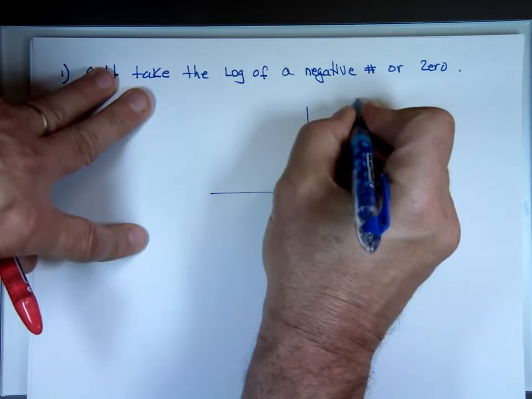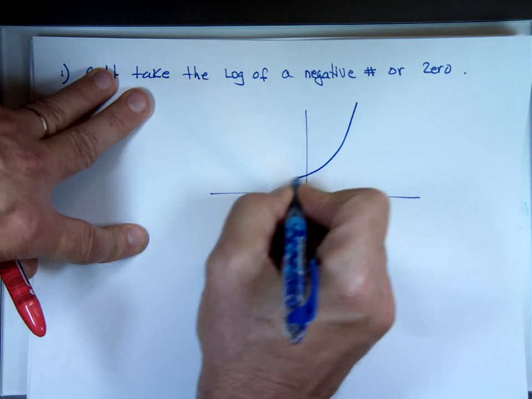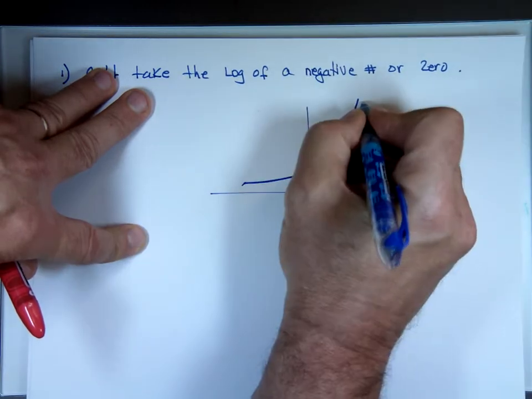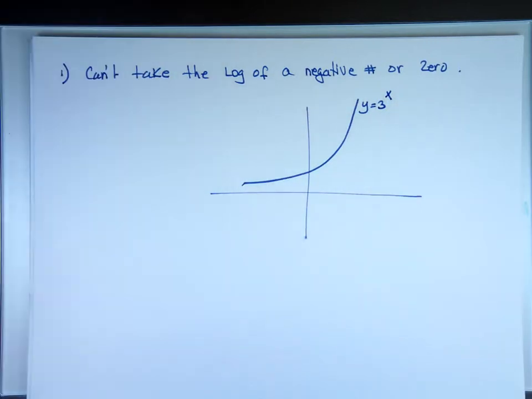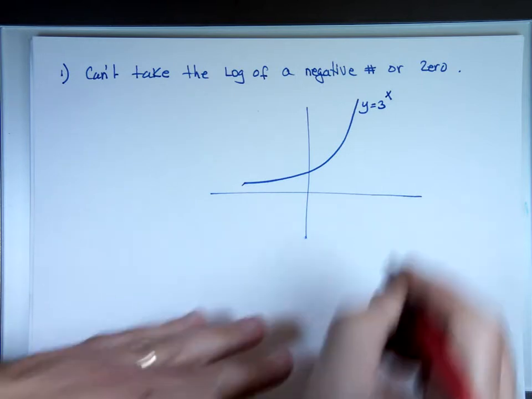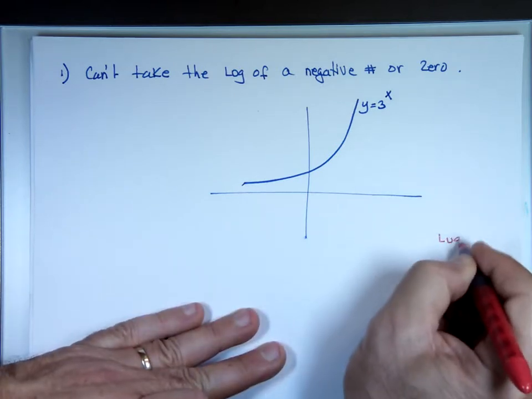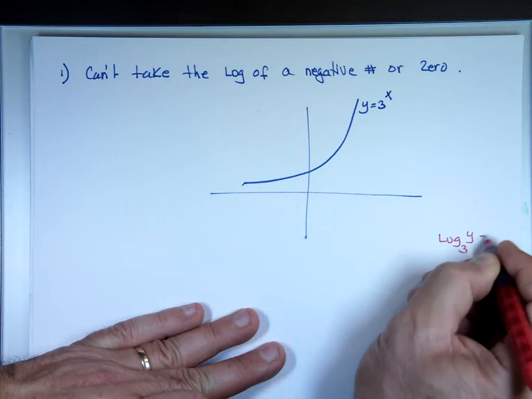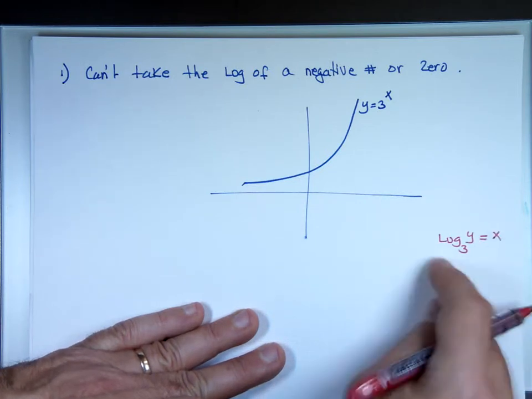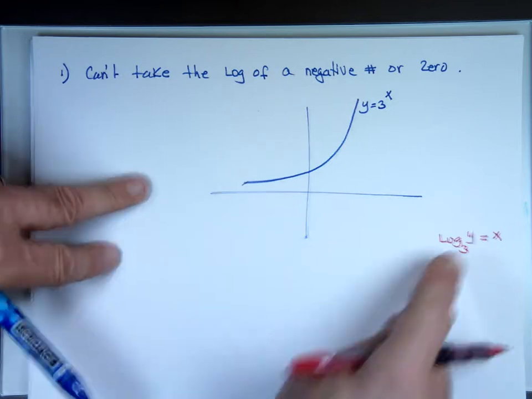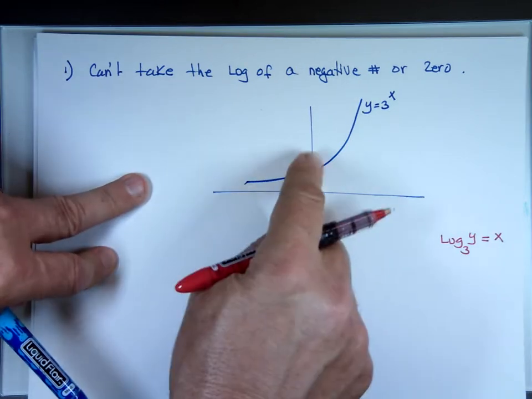Let's say 3 to the power of x. If I say, can you graph this? Log y base 3 equals x. Well, the log function is really the inverse of this function.